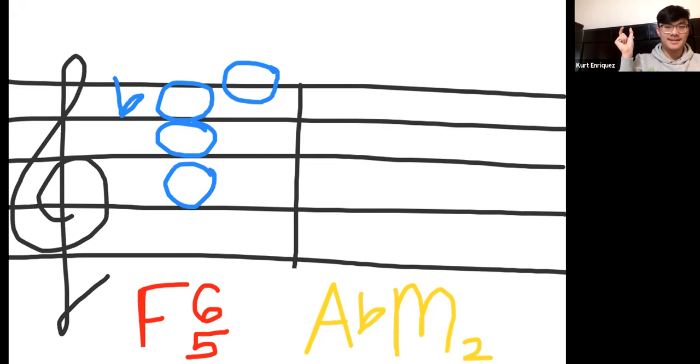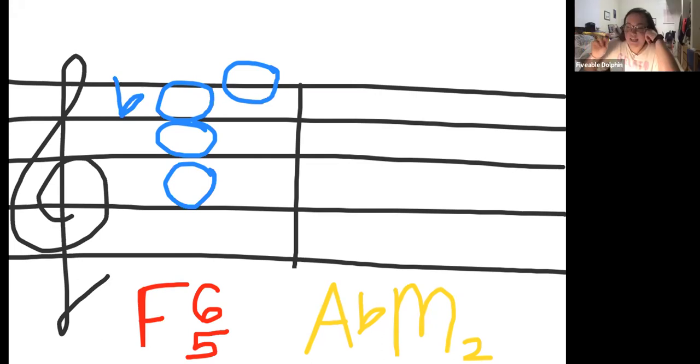Is that right? Even though you're writing it in root position, you'd start on this A, right? But when you do it in inversion, if you don't want it to be so low, you can do it. Let's just do it and I'll show you how I would do it.